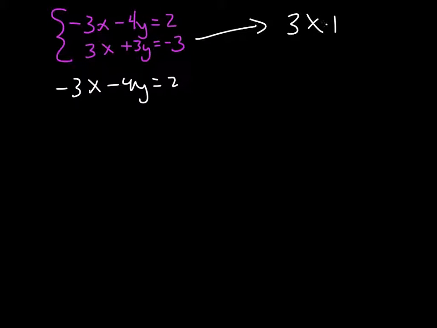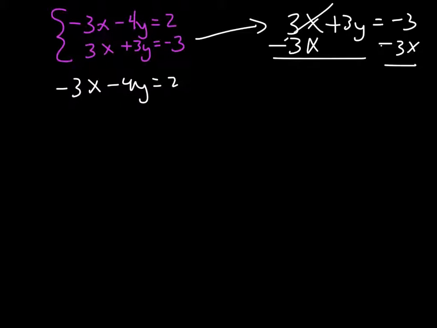3x plus 3y equals negative 3. I'm going to get rid of the 3x, so minus 3x on both sides. That's gone. I'm left with 3y equals negative 3x and then minus 3.